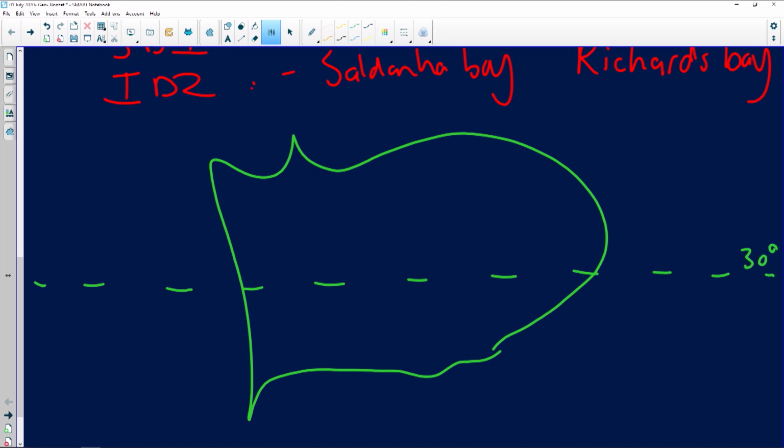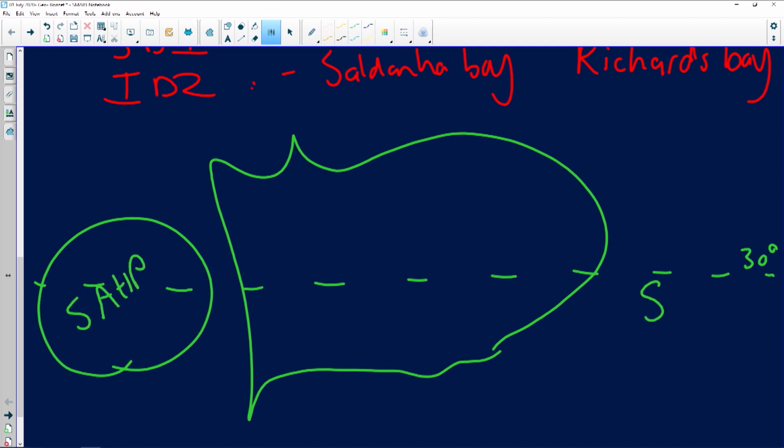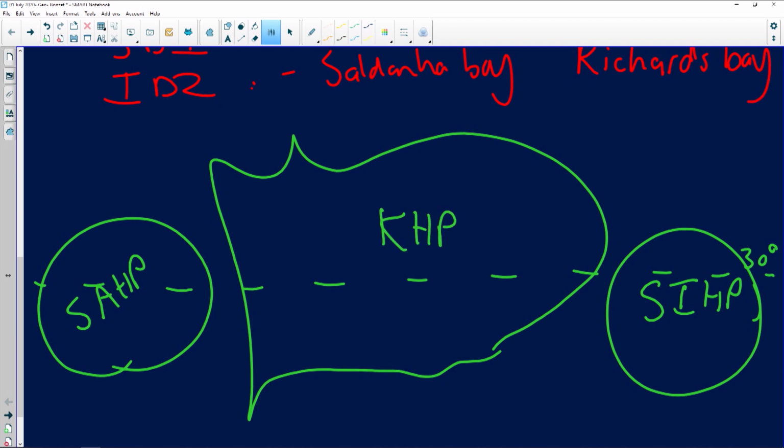So, we have three high pressure systems. The South Atlantic high pressure, the South Indian high pressure system, and then in winter, what is present? Over the interior, the Kalahari high pressure system.